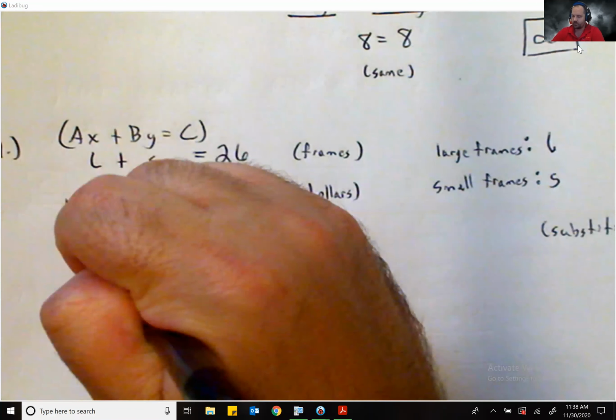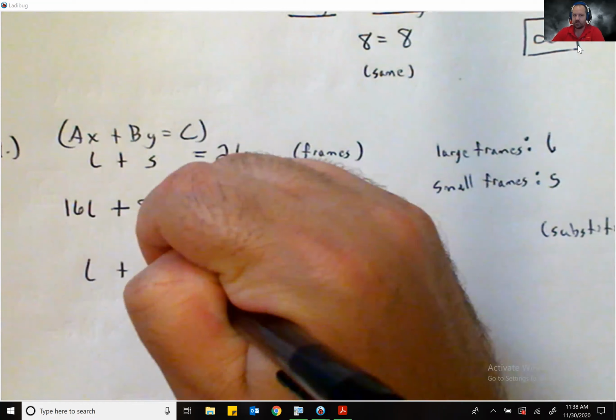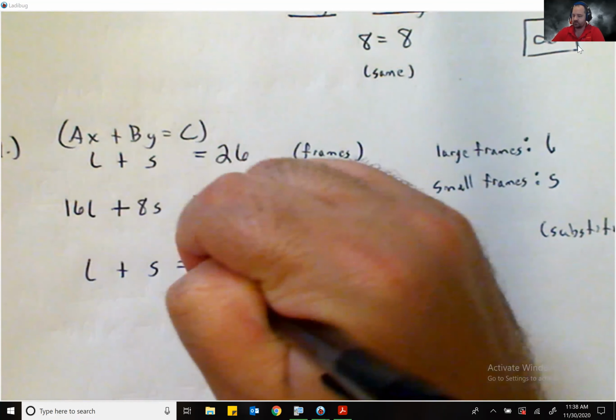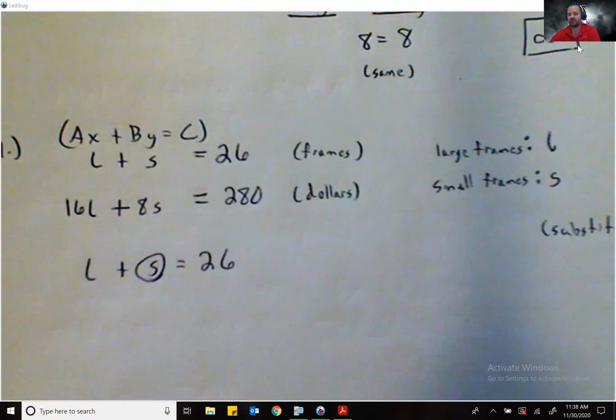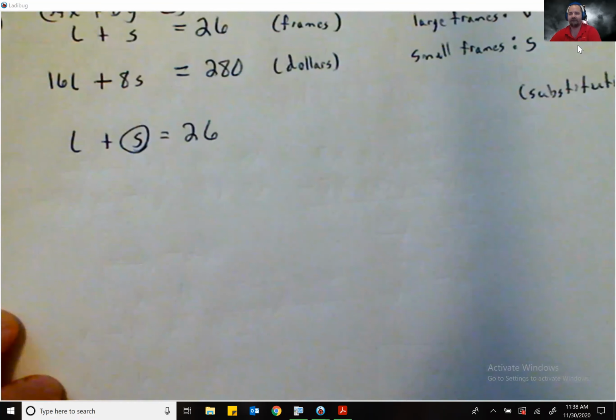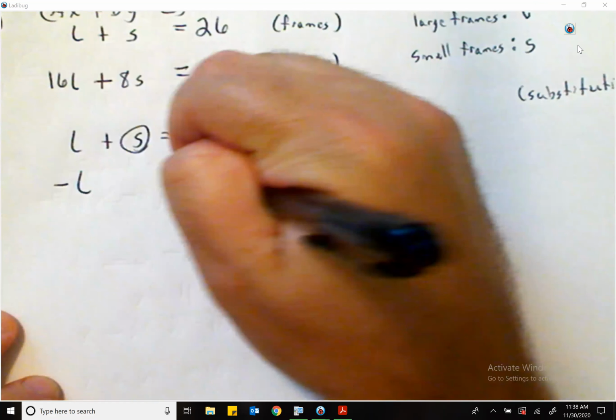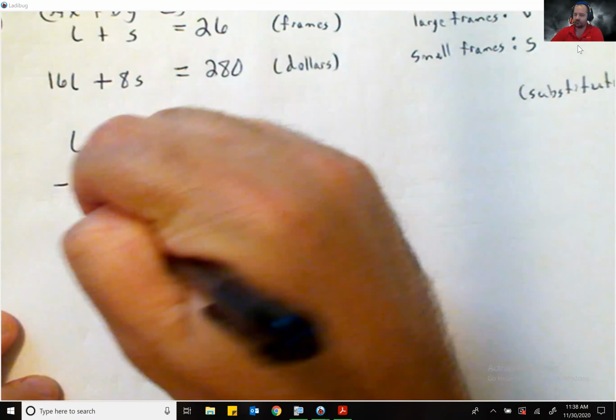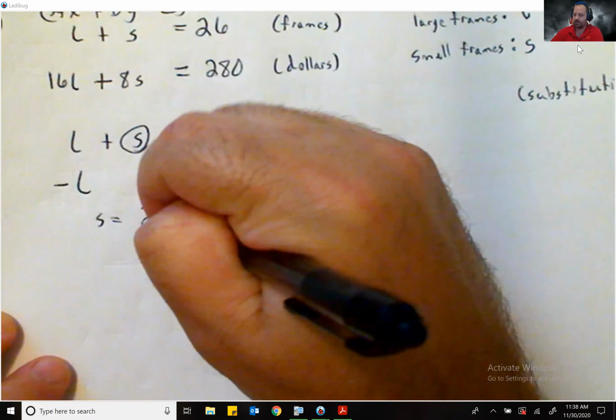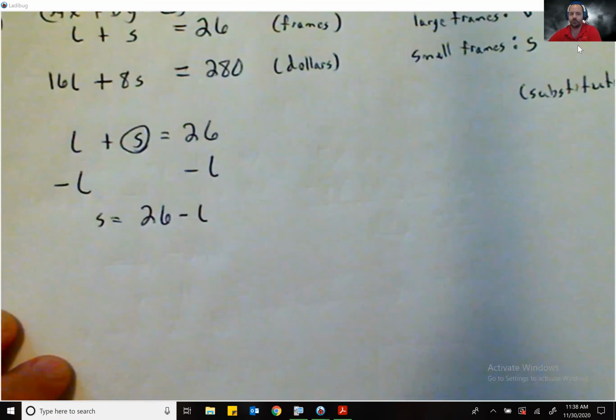So L plus S equals 26. How do I get S by itself? Subtract L. All right, minus L, minus L. So S is equal to 26 minus L. All right.